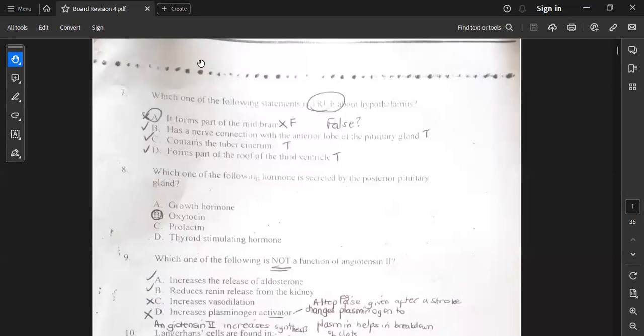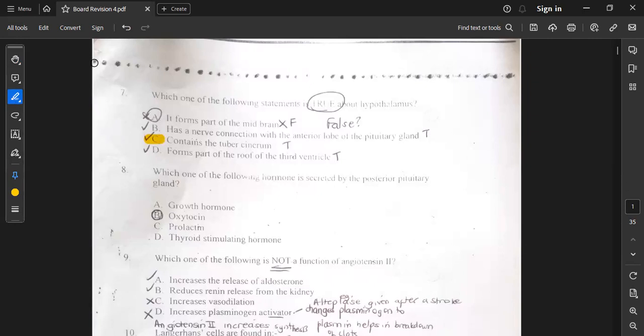Serena, we said C is the correct answer. Only C is true. It doesn't form part of the midbrain, and it forms nerve connection with the posterior, not the anterior.